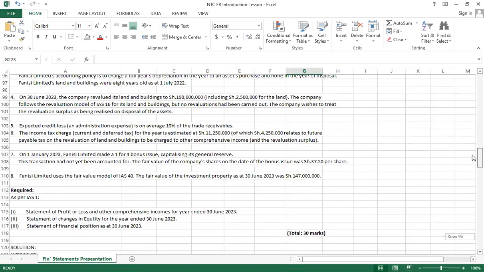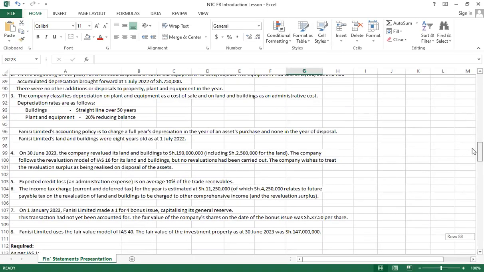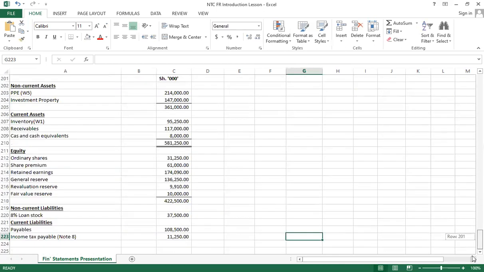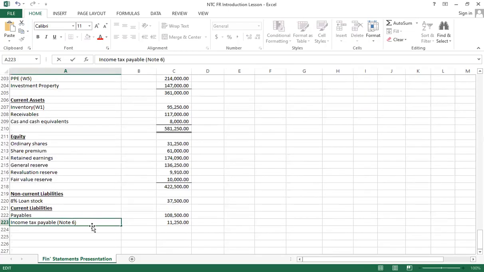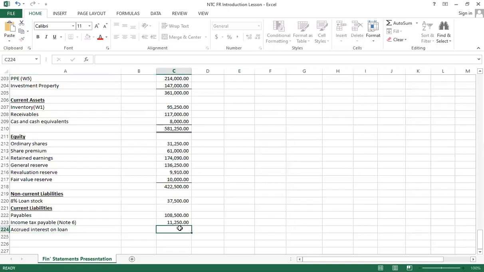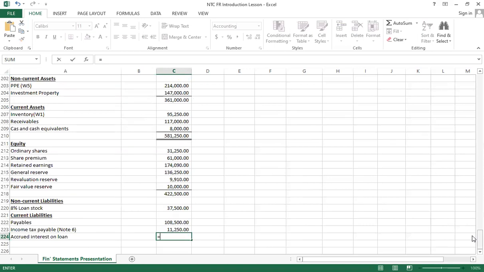Apart from that, what other liability do we have? This is not note number 6, not note number 8. I do think we can then look for the accrued interest on loan. There was some interest on loan. When I go back to my P&L, accrued means not yet paid for.